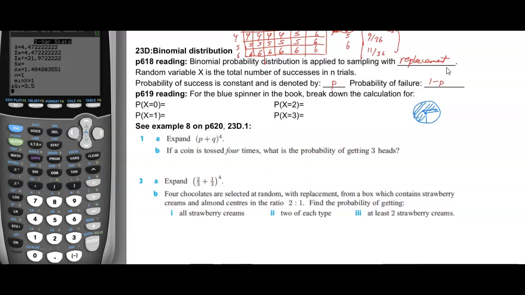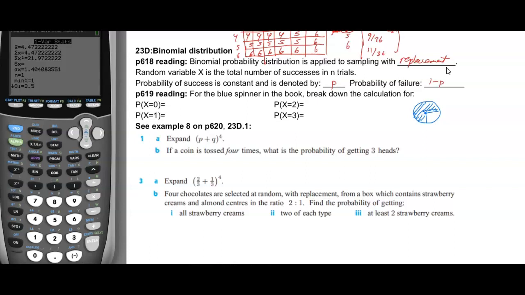The probability never changes, and that's super convenient, because we can use the calculator function to solve huge problems. Random variable X is the total number of successes in n trials. We'll see this with the calculator. Probability of success is constant and is denoted by lowercase p. The probability of failure, of course, is the opposite, so it would be 1 minus p, 100% minus p.